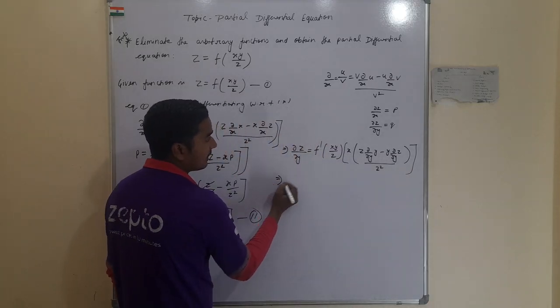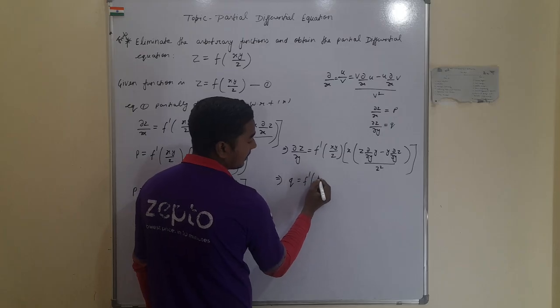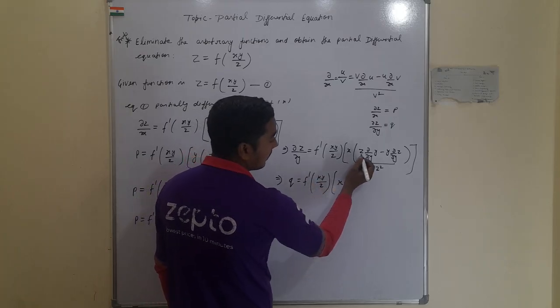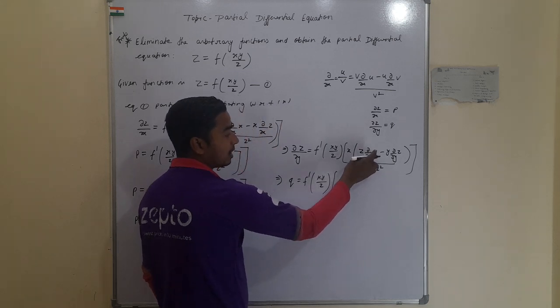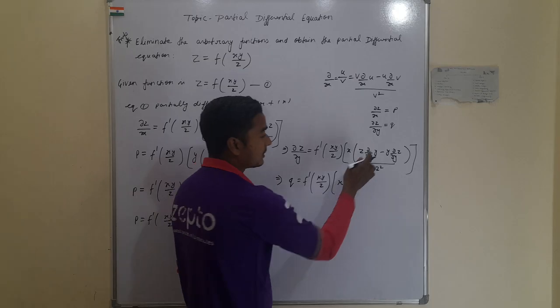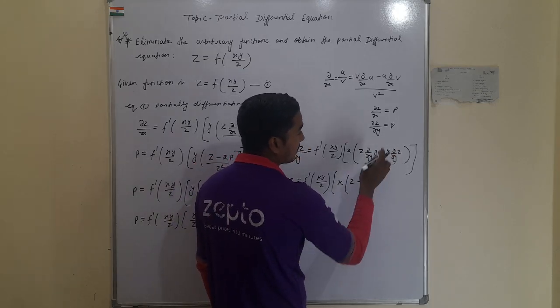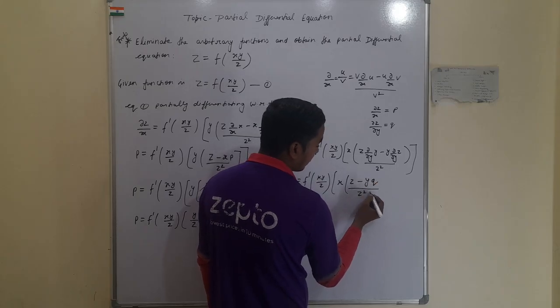Further we solve. Del z upon del y is written as q is equal to f dash of xy upon z, and here is x, and this is z, and differentiating with respect to y, this gives 1 minus y into del z upon del y, written as q upon z square.